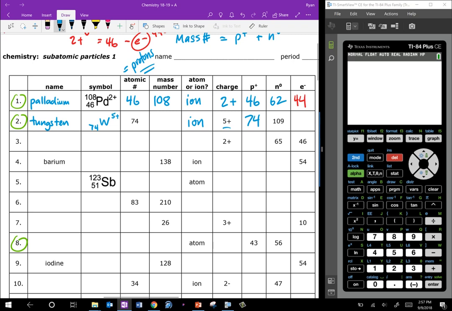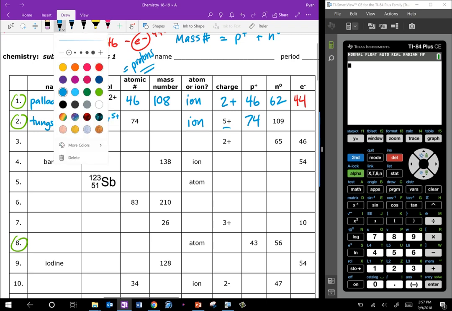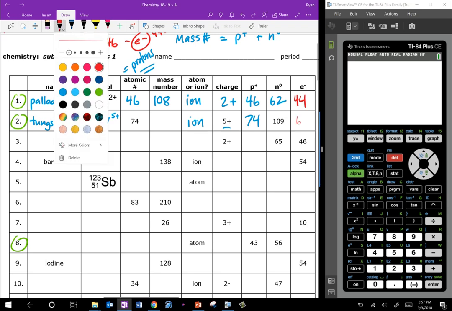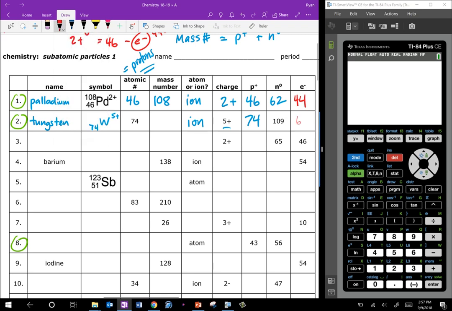I can relatively easily, hopefully, figure out that 5 more protons would mean there would have to be 69 electrons. My pen got a little thin again, pardon me.